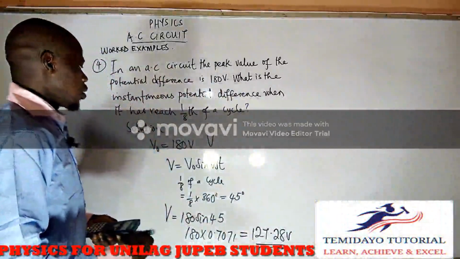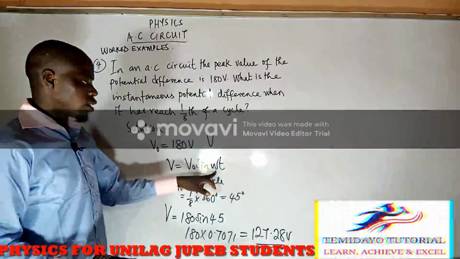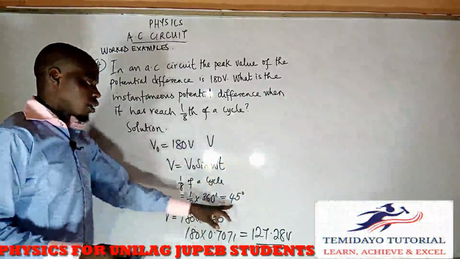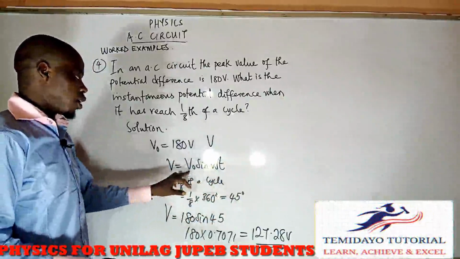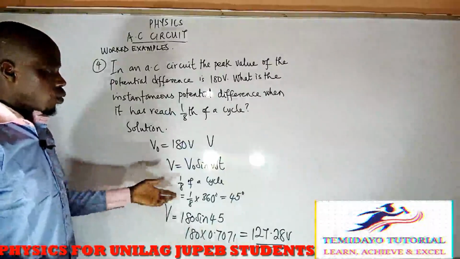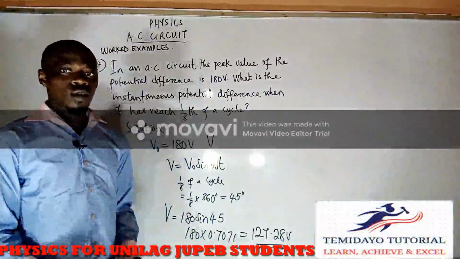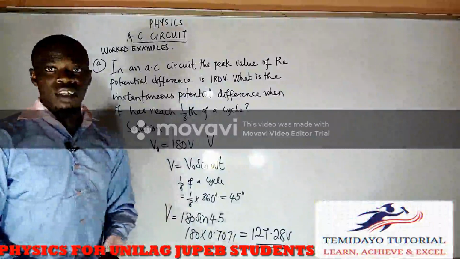You can see that this is very simple because this omega t is our phase angle, and that is our 45 degrees. So we just substitute that in as omega t, and the V0 is given already. That's the peak value. So we can see these are solutions to questions based on AC circuits.